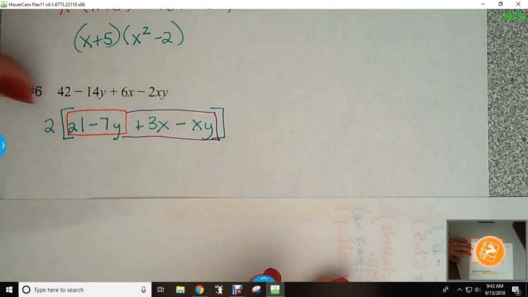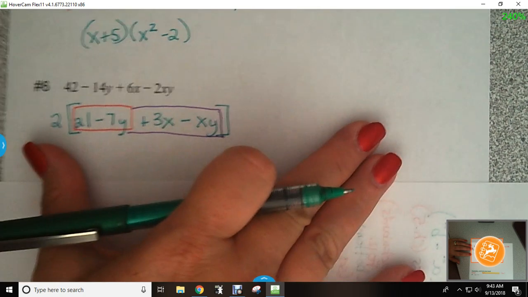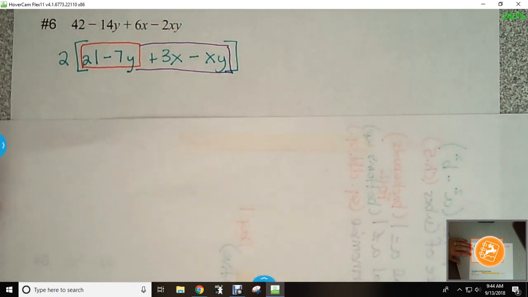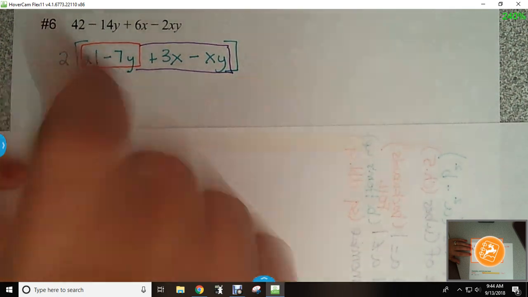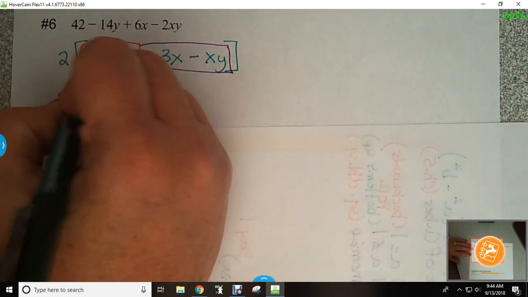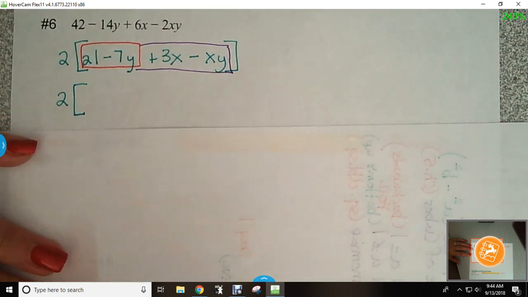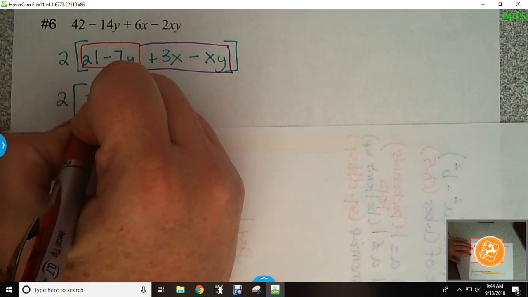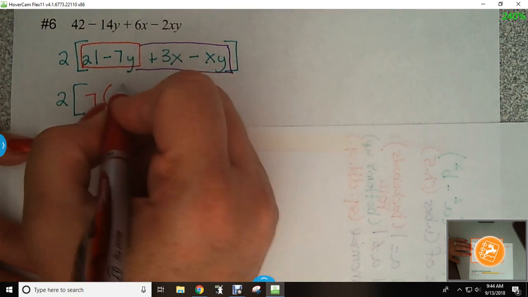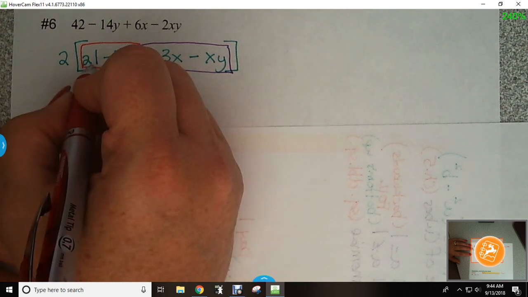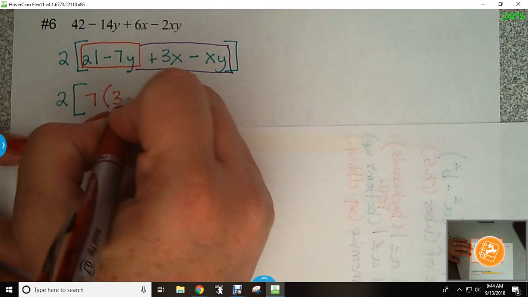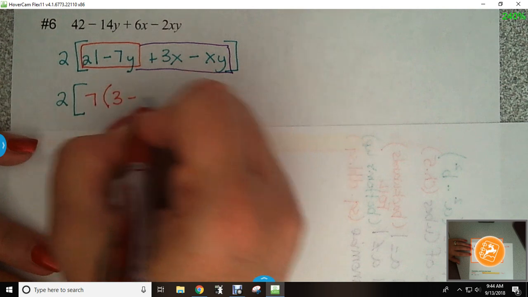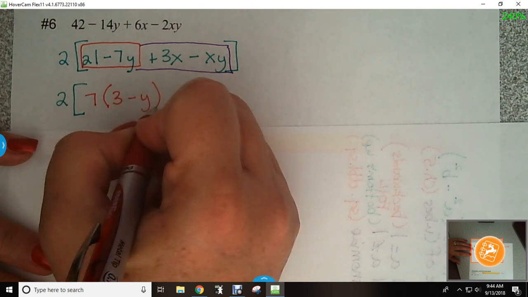So my 2 that's out front is going to stay out front. And now, for the stuff that is boxed in red, my greatest common factor there will be 7. Inside, that is going to leave me with 21 divided by 7 is 3. This term divided by 7 gives me a negative y.